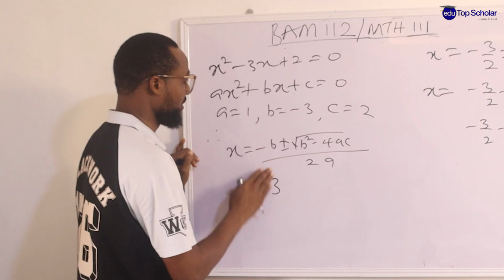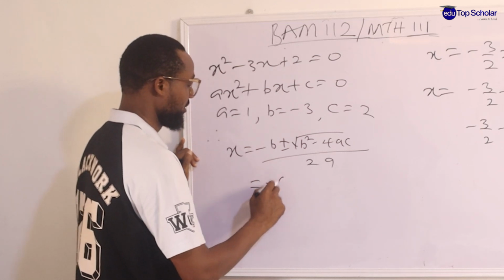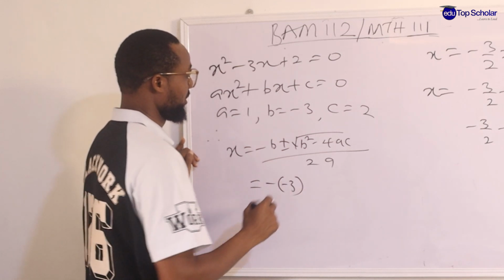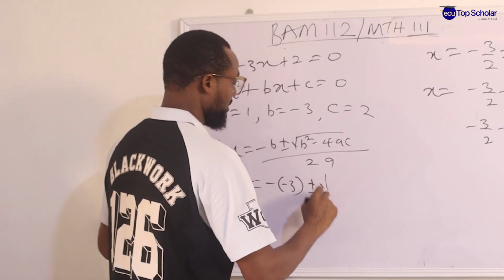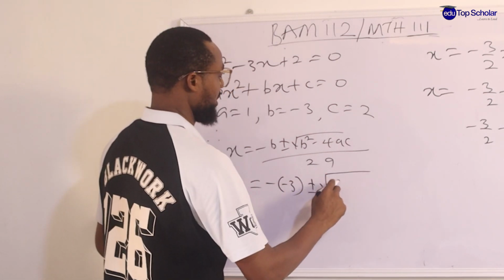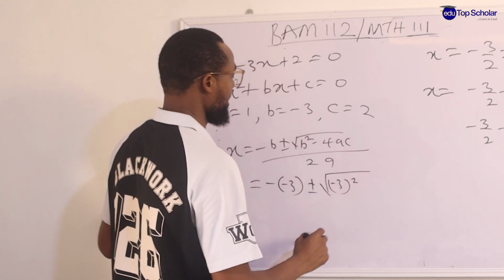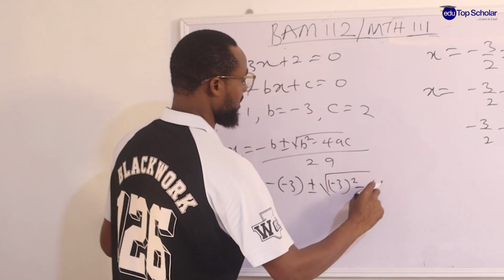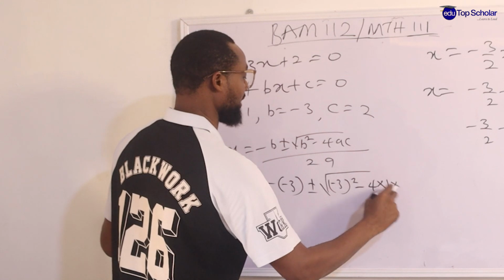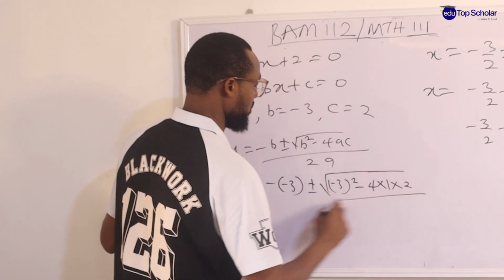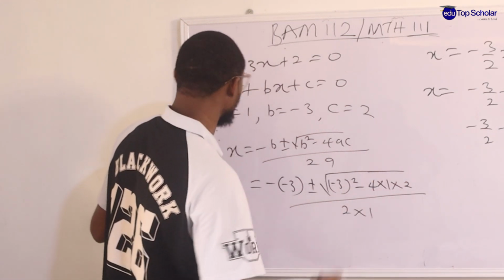Minus times minus now. Okay, let me take it. Plus or minus root minus 3 square minus 4 times 1 times, what is our c? 2 over 2 times 1.